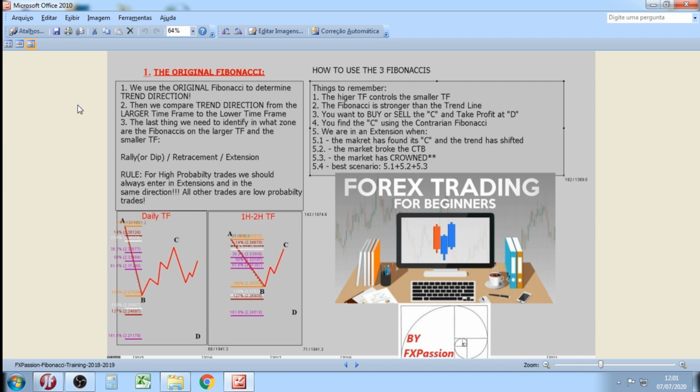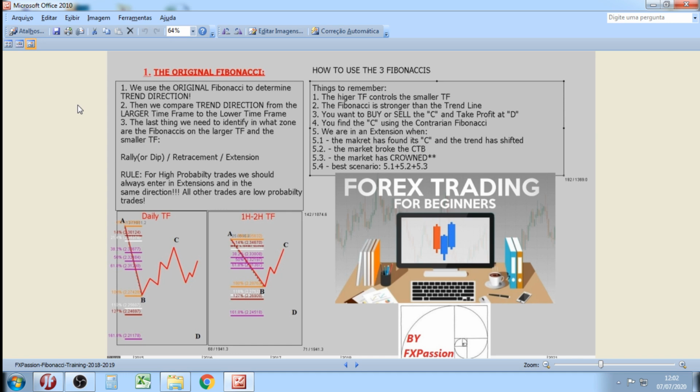And just to summarize, number one, we use the original Fibonacci to determine trend direction. Number two, then we compare trend direction from the larger time frame to the lower time frame. And number three, the last thing, we need to identify in what zone are the Fibonacci's on the larger time frame and the smaller time frame.